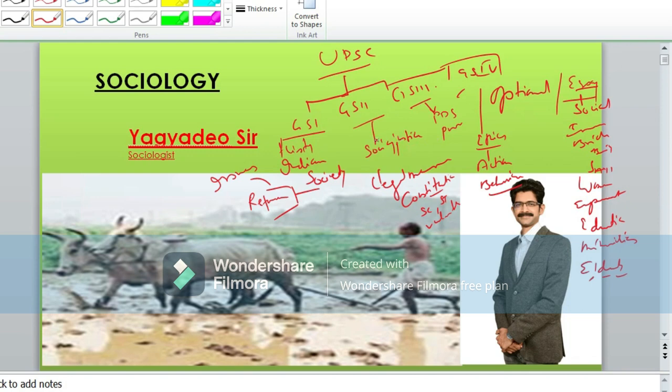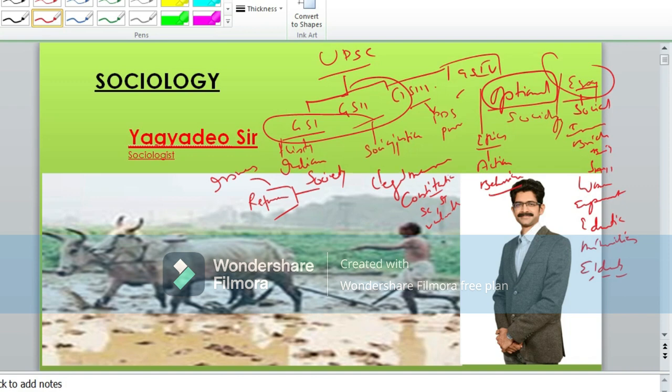So if you combine these four things, clubbing them together, you need to have tremendous knowledge of the content which you get through the optional of sociology.